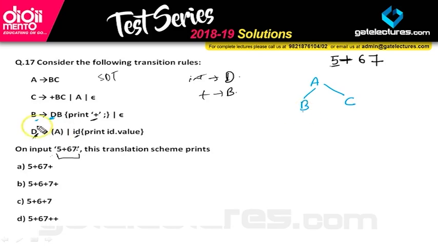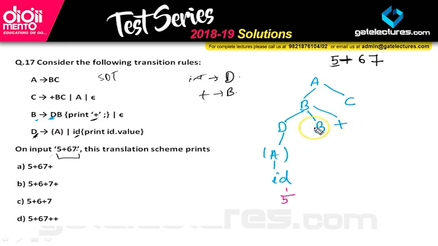So let B produce D and B. Let's say D is producing this one, which gives our ID, which later will be replaced by the value 5. B will also produce plus. B is producing D B, and after producing these, it is also printing a plus.